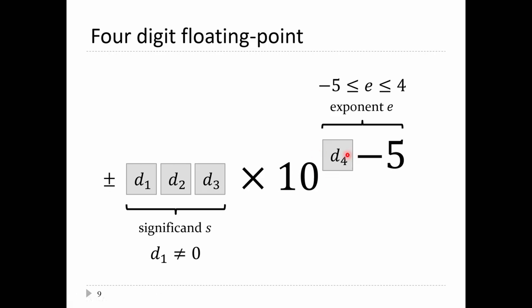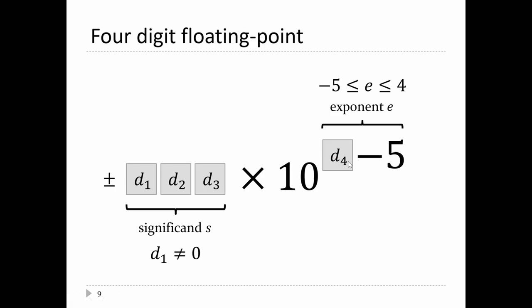And then over here, there's an exponent. So our number is going to be some integer value times 10 raised to some exponent here. Now we want to use one digit up here to represent the exponent, so a value between 0 and 9. If we want values less than 1, we need to be able to make this exponent negative. So for our value d4, we're going to subtract 5 from it.